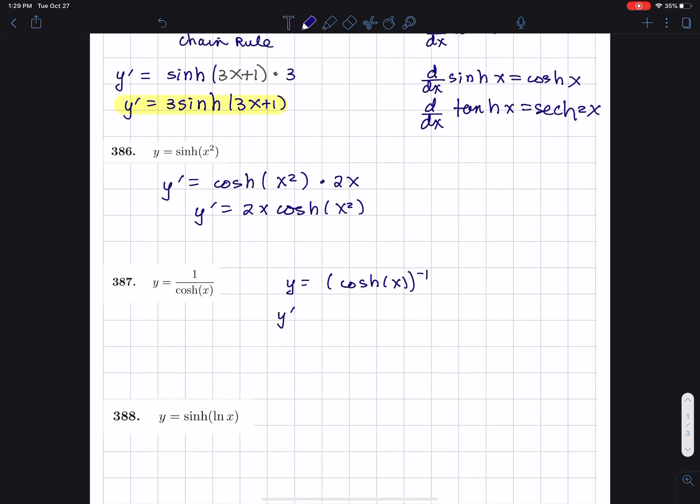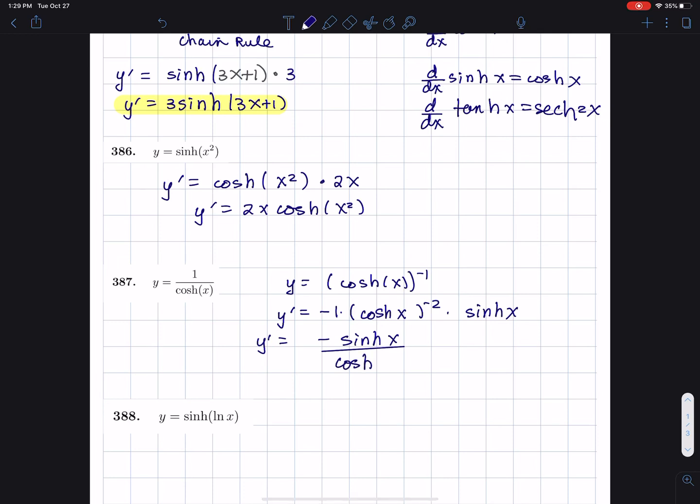When I take the derivative, I use the chain rule with the power rule for u to the minus 1 power. So I have negative 1 times u to the minus 2 power, where u is the inside, hyperbolic cosine x. Then I multiply by the derivative of what's inside, which is hyperbolic sine x. So y prime is equal to negative hyperbolic sine x divided by hyperbolic cosine x squared.